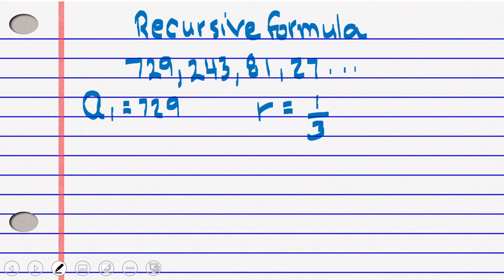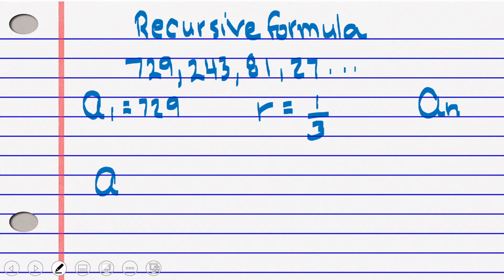So if you have that information, you can write the recursive formula. Remember, A subscript n is just some term in your sequence. It's like a fancy label or a value that will show up in your sequence for this set of numbers.